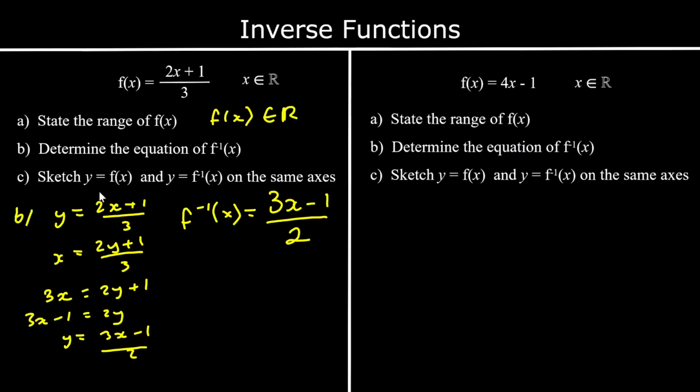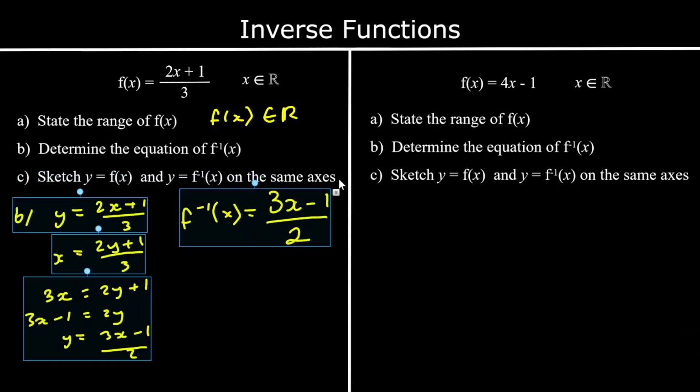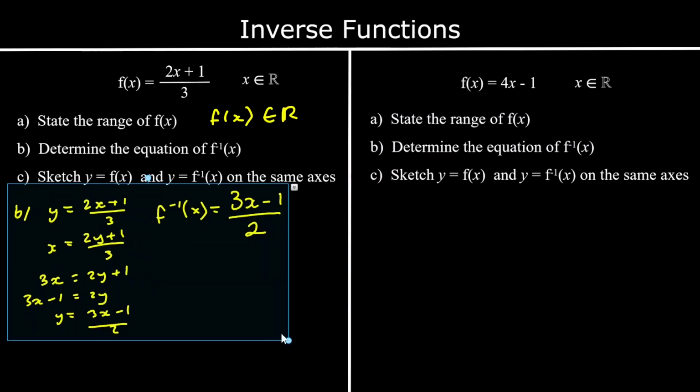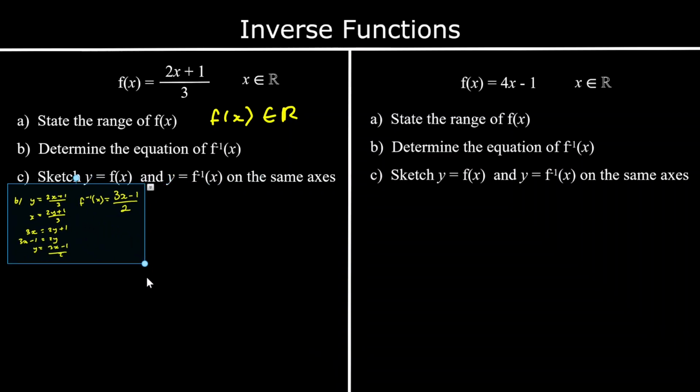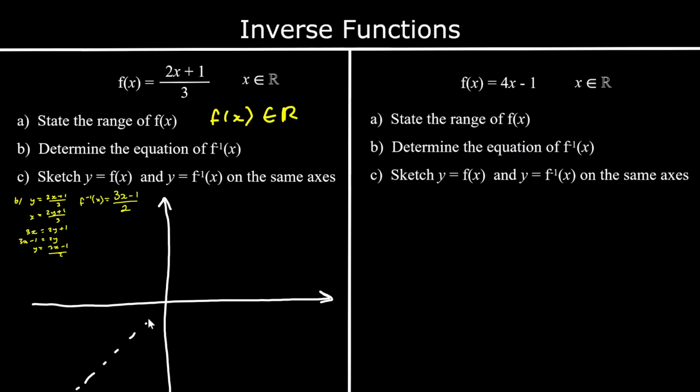And sketch y equals f of x and its inverse, f minus 1 of x, on the same axes. So when we have inverse functions, the inverse function is a reflection in the line y equals x, because the x becomes the y and the y becomes the x.